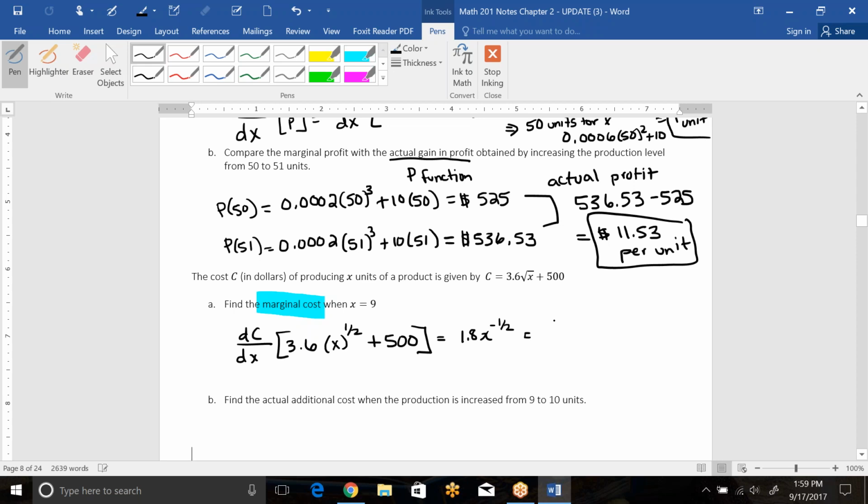So this ends up being 1.8, and we're going to move this to the bottom because it has a negative exponent and turn it back into a square root of X to the first. So that's going to be our derivative function. If we want to plug in the actual X equals 9, that would be 1.8 divided by 3, which comes out to approximately 60 cents per unit. So that's their marginal cost.